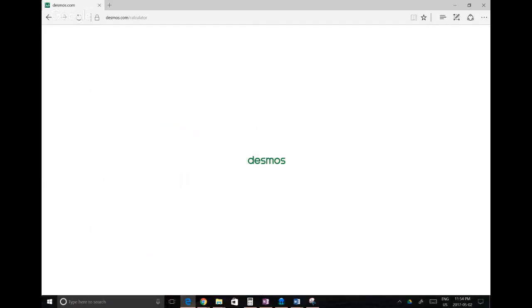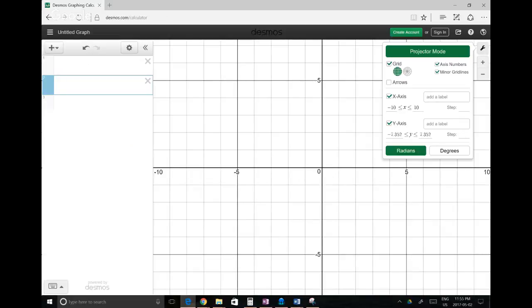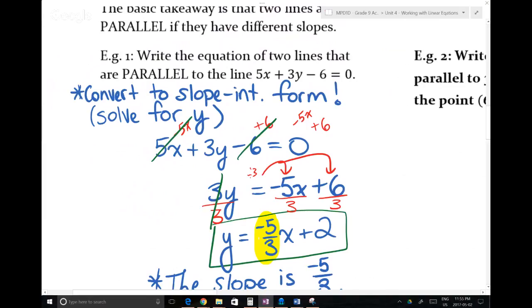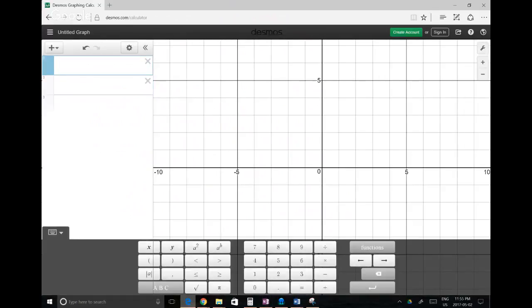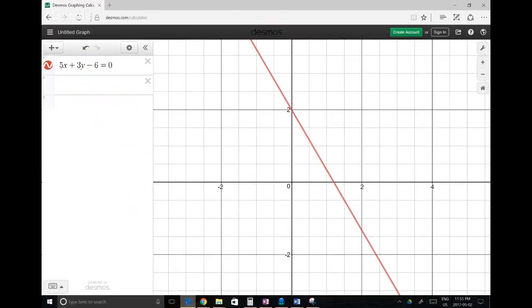But we go to Desmos, it's in the projector mode. If I put the original line on there, which was what? 5x plus 3y minus 6 equals 0. It gives me a line. We can see that line right there.